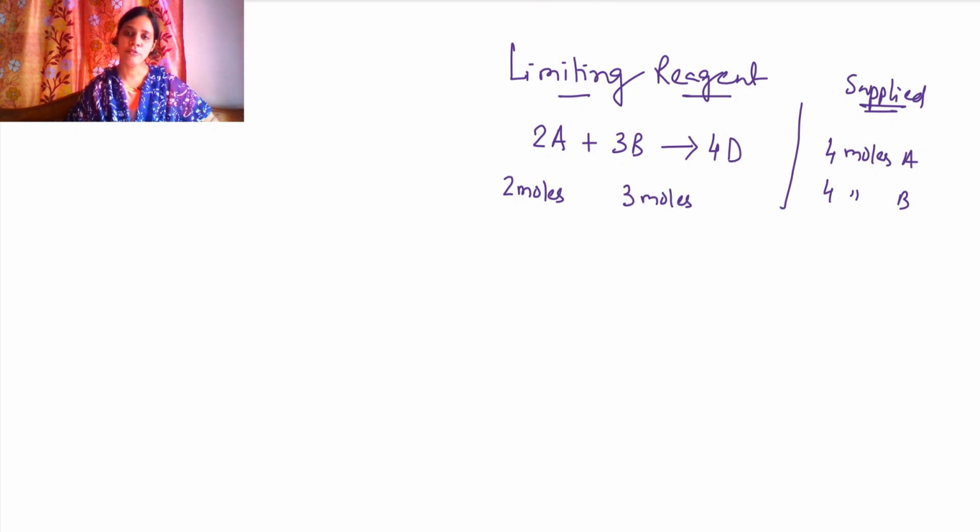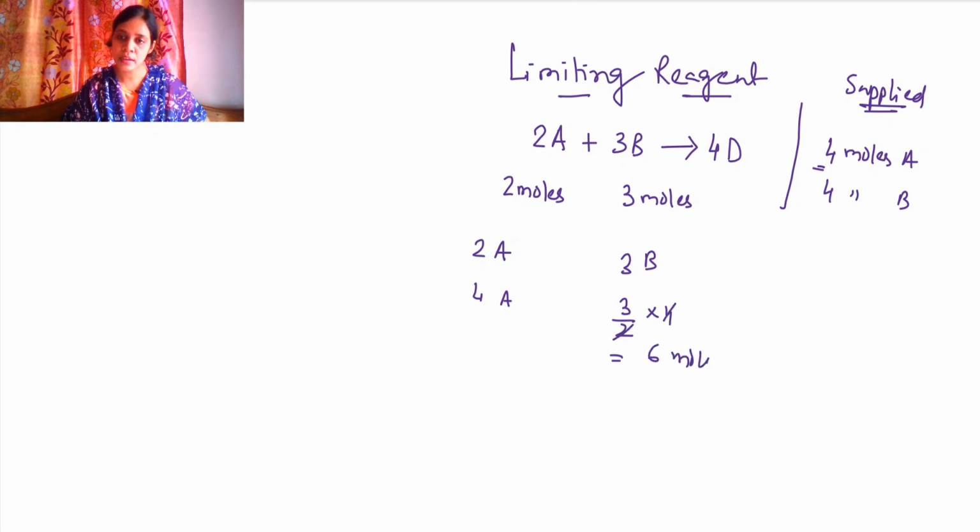Now from this reaction, we know 2 moles of A react with 3 moles of B. Here supplied moles of A is 4. So 4 moles of A reacts with how much mole of B? Reacts with 6 moles of B.